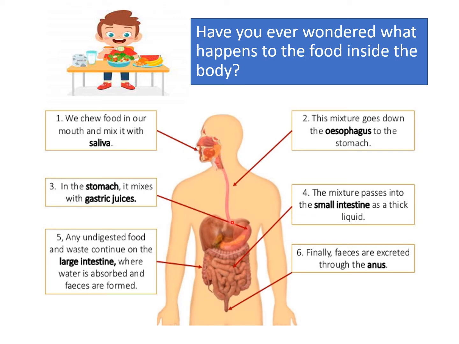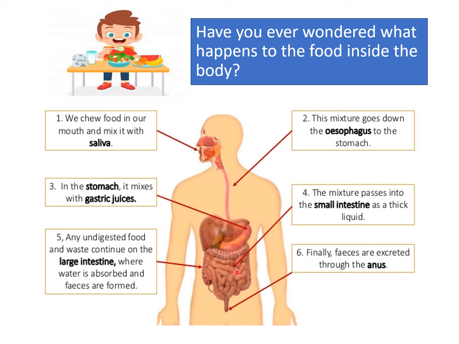Then it goes down with the help of the esophagus, a tube-like structure, into the stomach, where some digestion takes place with the help of gastric juices. Then this digested food goes into the small intestine, where the maximum digestion occurs and absorption also occurs, with the help of various digestive juices secreted by the liver and the pancreas.